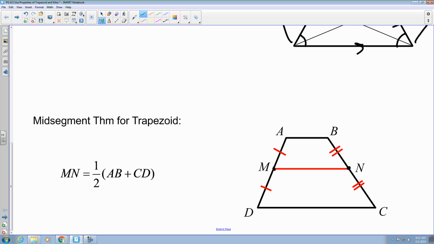We can figure out the distance of this mid-segment by taking half of the sum of the two bases. This is the one pair of parallel lines in this trapezoid, so this is like base 1 and this is base 2. Add them together and then divide by 2 or multiply by 1/2.